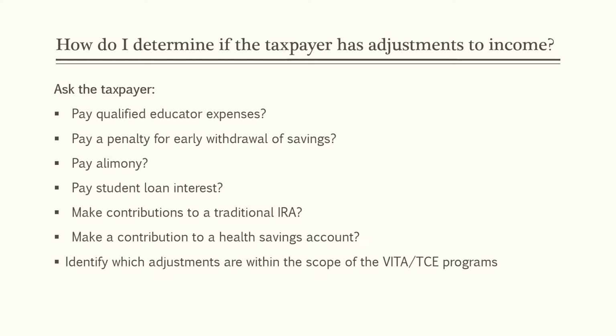Did you pay a penalty for early withdrawal of savings? Did you pay alimony? Or did you pay student loan interest? Those are the basic ones regarding the adjustment to income. And there are, of course, other expenses regarding the adjustment, but they are related to advanced, not to the basic.